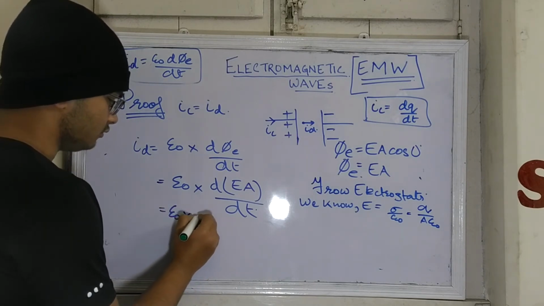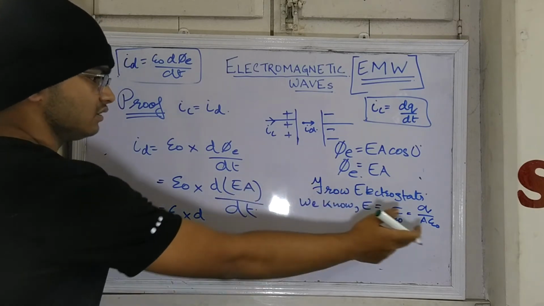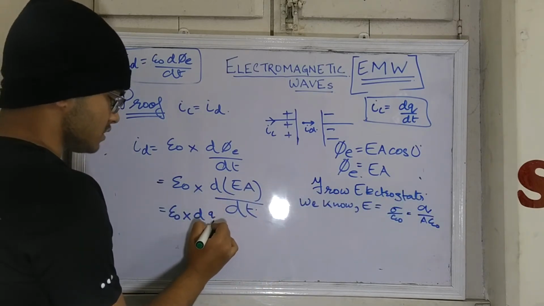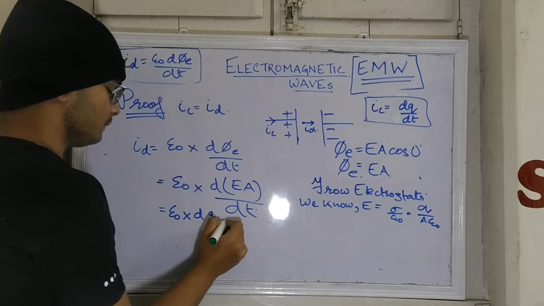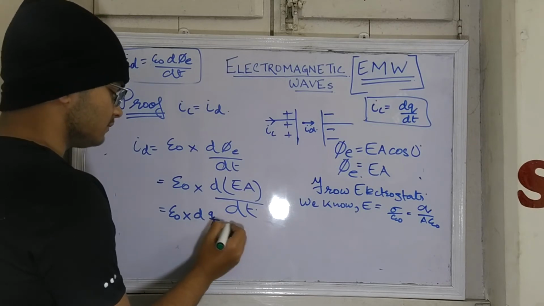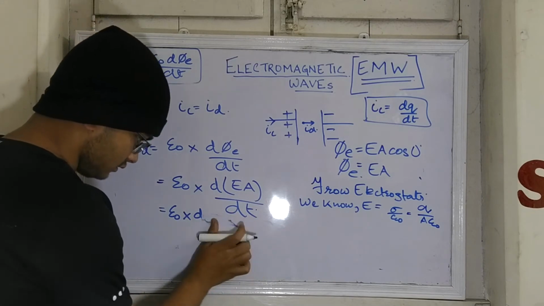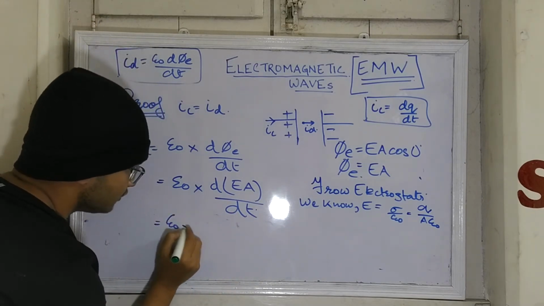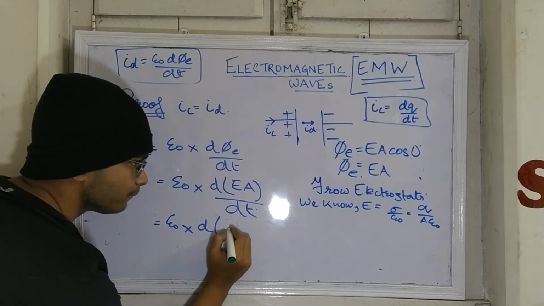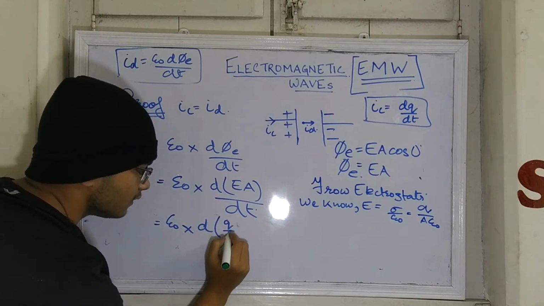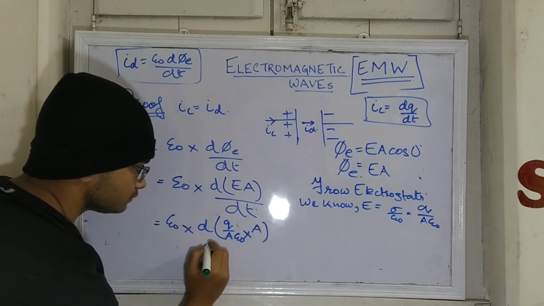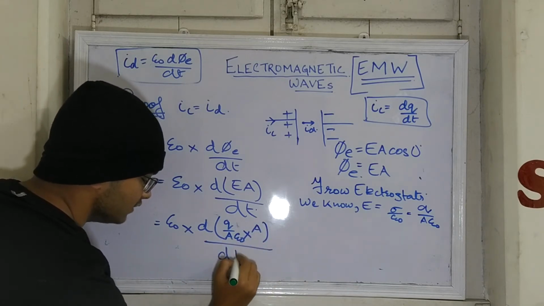So epsilon 0 into d of E A by dt: E is Q by A into epsilon 0, so we get epsilon 0 into d of Q by A epsilon 0 into A by dt.